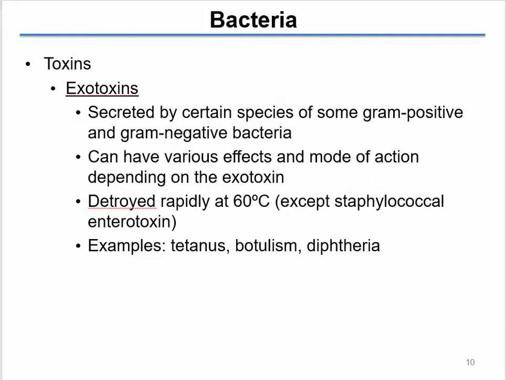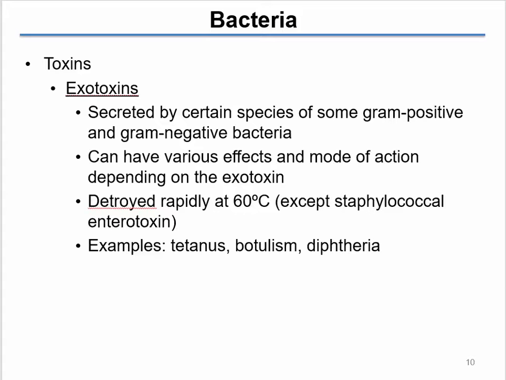Now, one of the things that bacteria do is release toxins, and toxins are any chemical that causes damage. Exotoxins are secreted from the cell to the outside of the cell, so into the host.